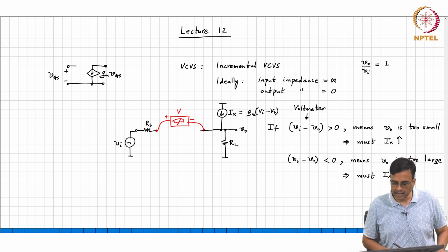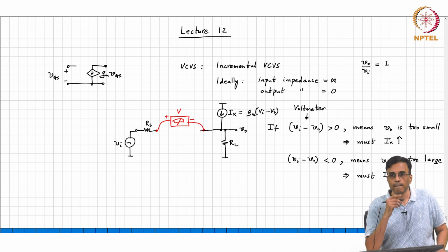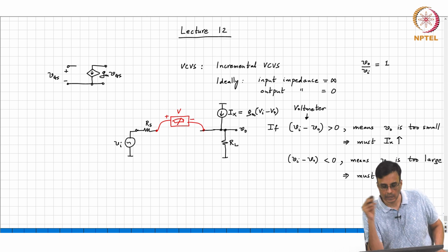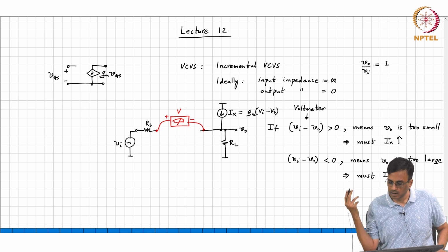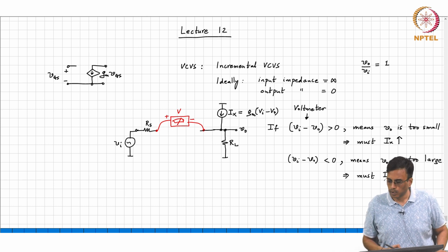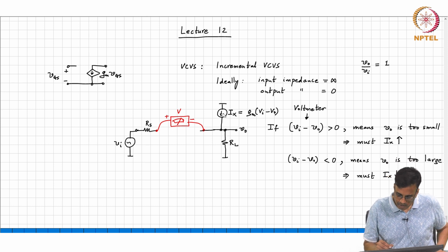Is the sign of GM positive or negative? Why? If Vi is greater than V naught, Ix must be positive. Remember that the general notation for a current source is that.